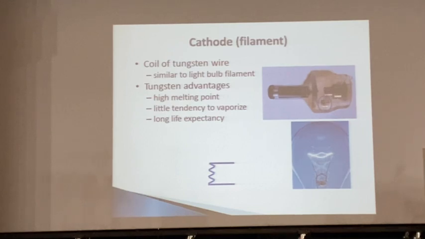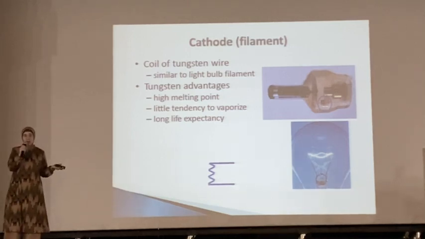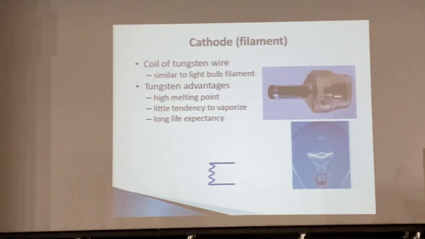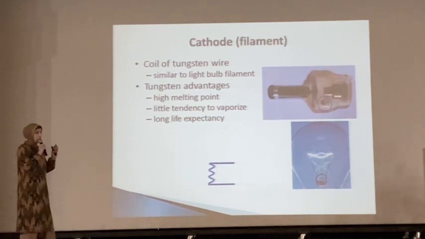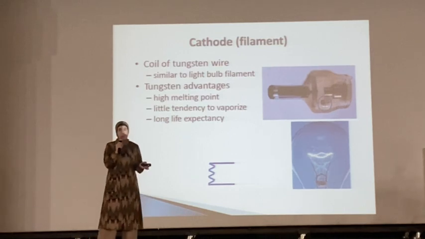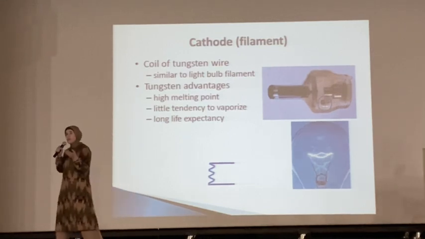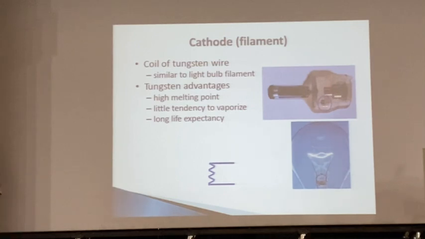Another point, because of little tendency to vaporize, and the life expectancy is long. So the cathode is composed of tungsten, a heavy metal with atomic number about 74. It is used because of its high melting point, less tendency to vaporize, and long life expectancy.